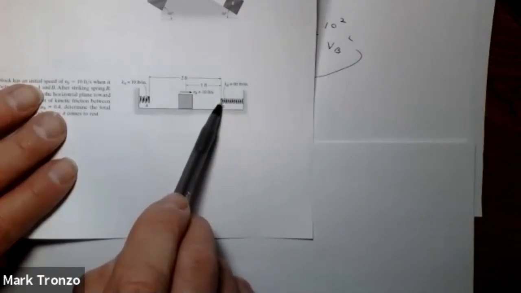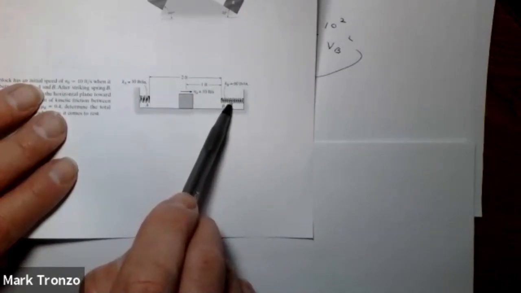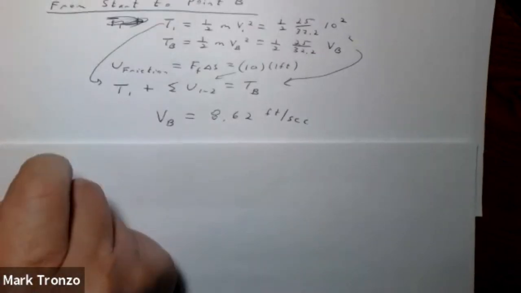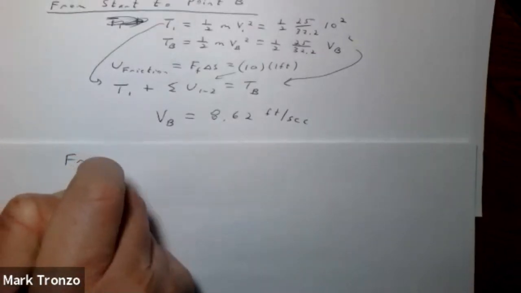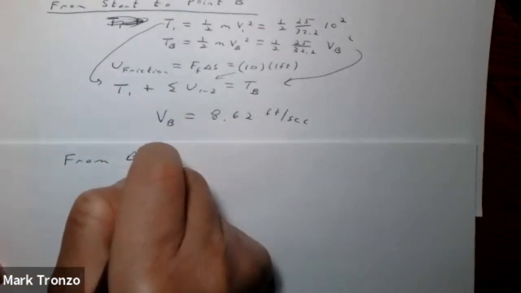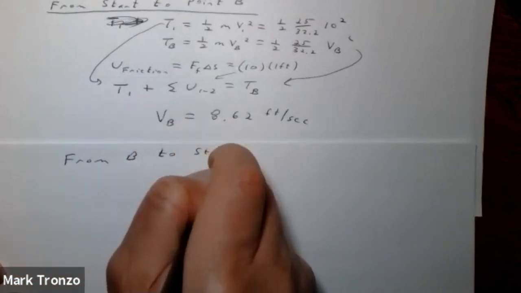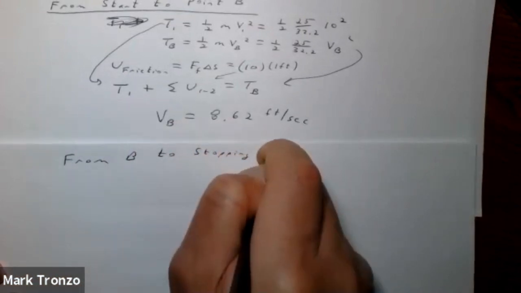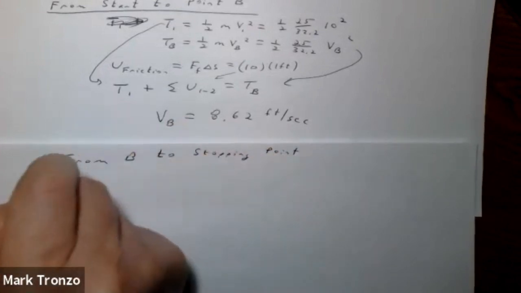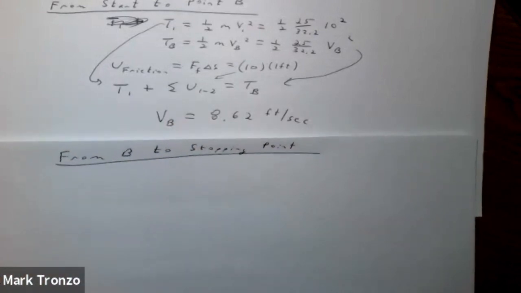So it's still moving, it's going to compress the spring, and so from B to the stopping point. Once again, let me do this in a shorter way.